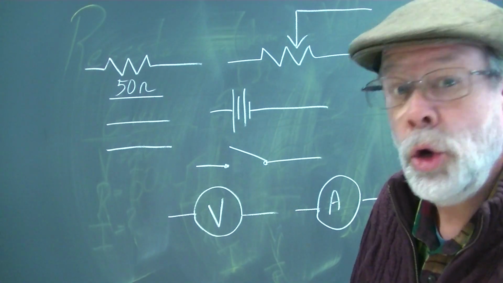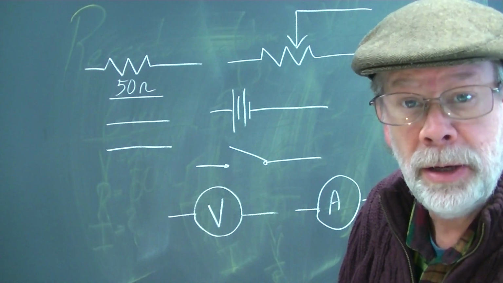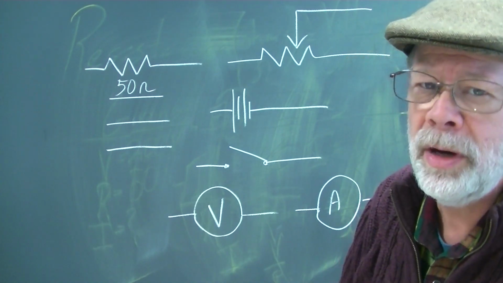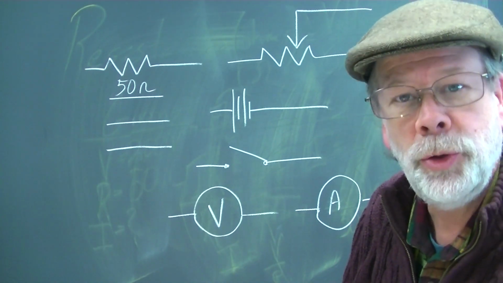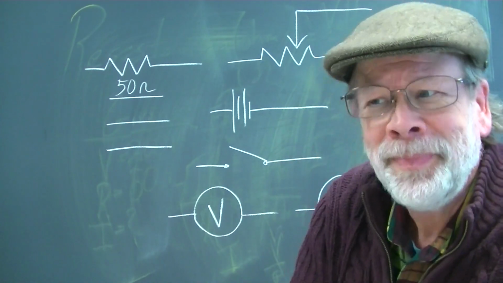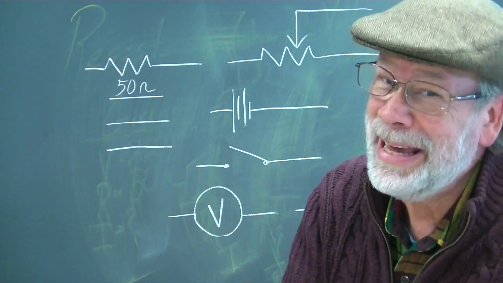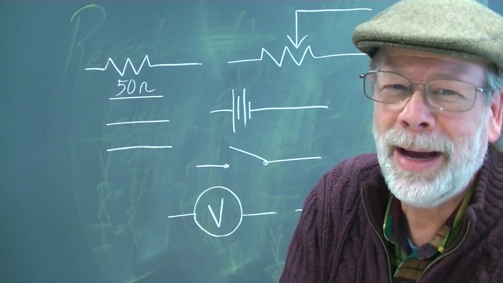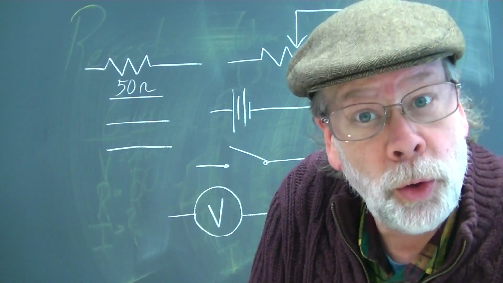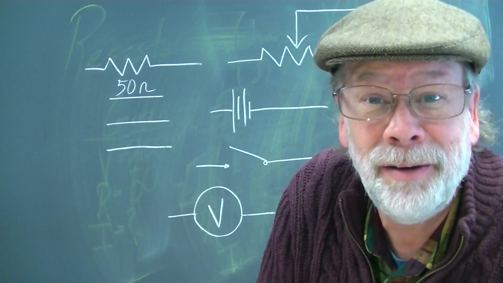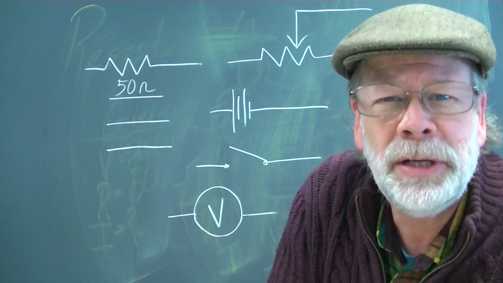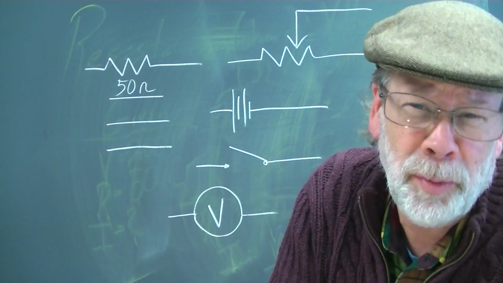Now, hooking a voltmeter up and an ammeter up turns out to be a very important thing to understand how to do it correctly. The reason, in electrical terms, we say if you do not connect them right, you make smoke. In other words, you start burning stuff up. One of them will simply turn a circuit off, for the most part.